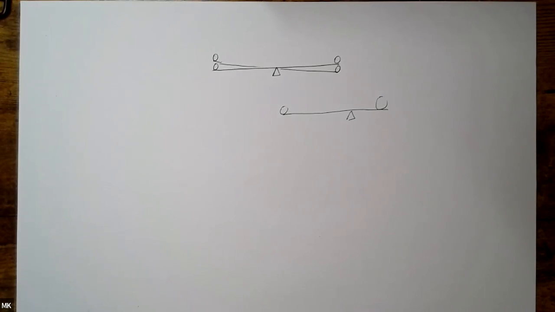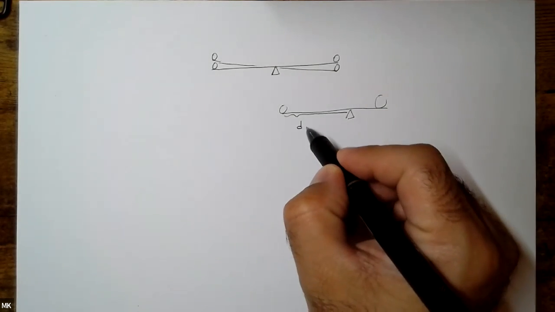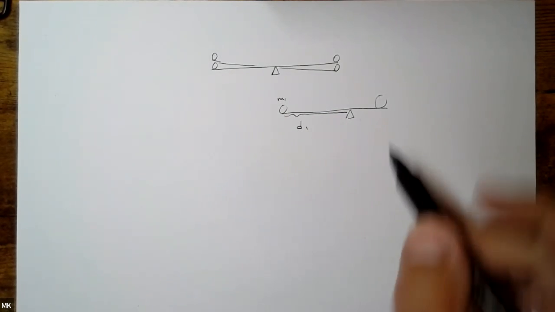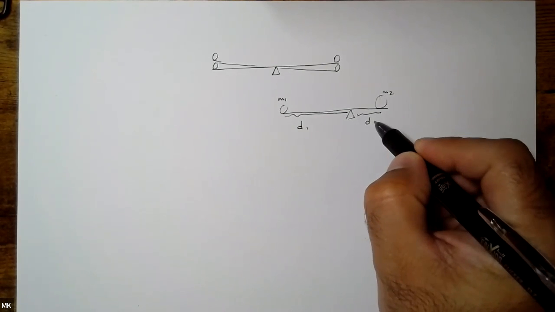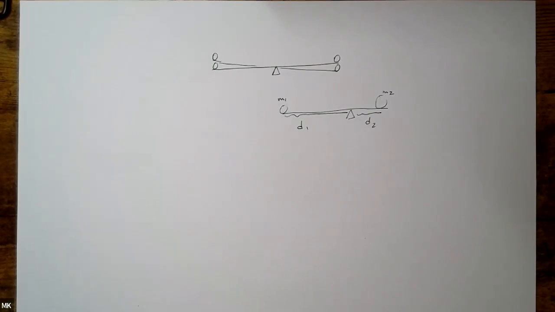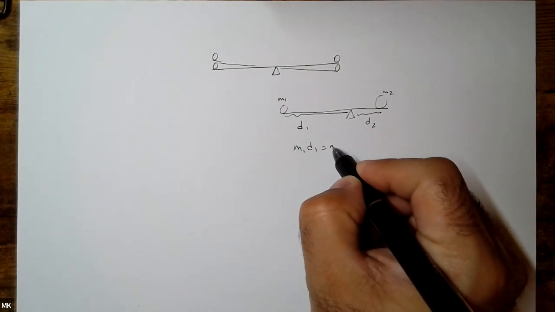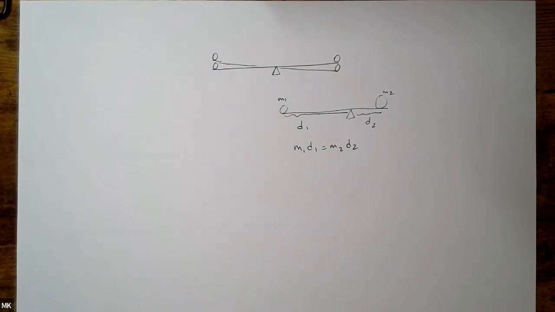So basically, you get a balance if the mass times the distance from the fulcrum is equal to the second mass times its distance from the fulcrum. That's how you create the balance. As long as m1d1 is equal to m2d2, you have a balanced system. That's intuition, and that's something that we've seen. You can experience it yourself.